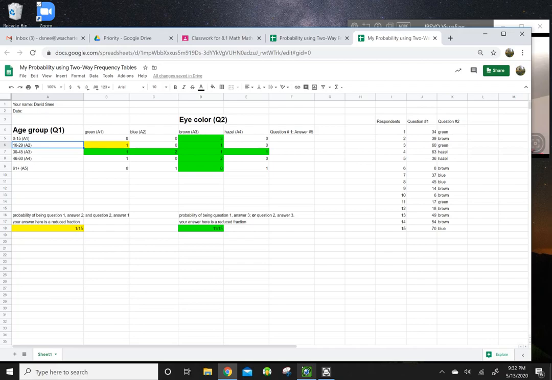And question 2, answer 1. So they're between 16 and 29, and they have green eyes. There's one respondent that had green eyes between the ages of 16 and 29, and there are 15 total respondents. So my probability is 1 out of 15, right?